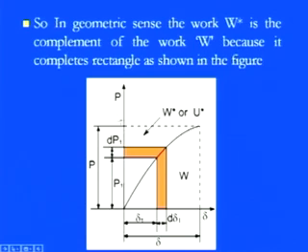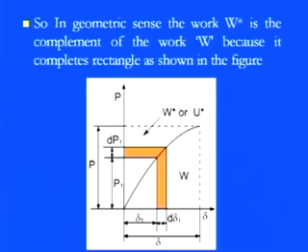Now if you go up to the real P and delta, it covers the total area of the nonlinear region also, and in that we have two different works done. This work done is responsible for the strain energy, and this W star is responsible for U star, and this U star is the complementary strain energy.